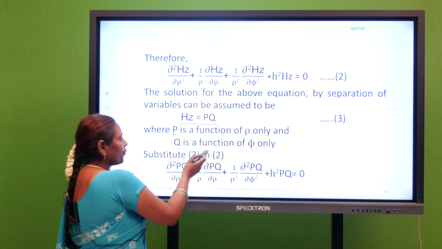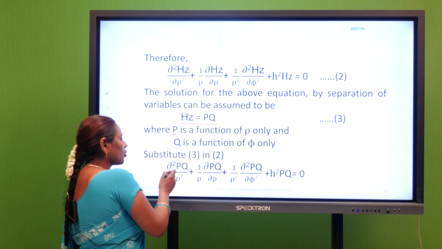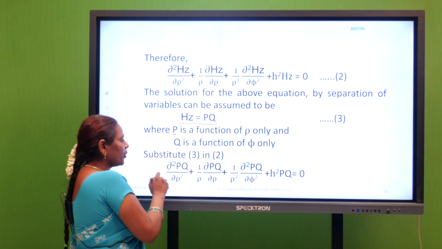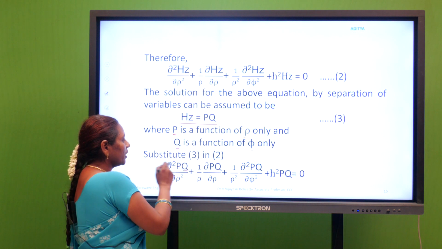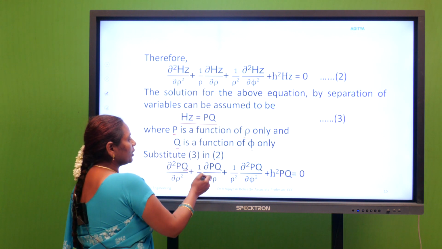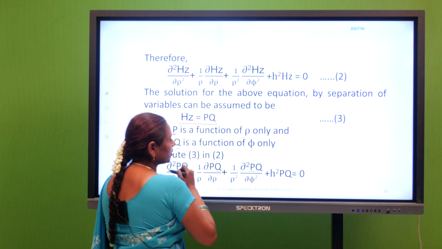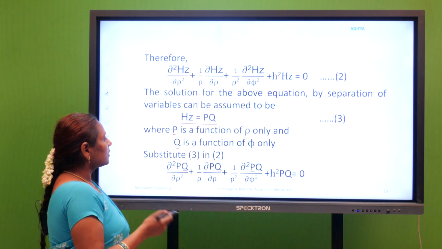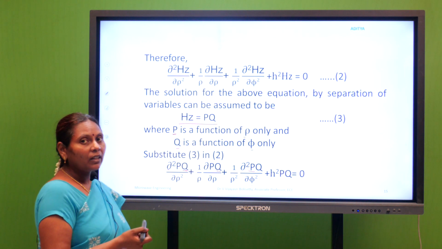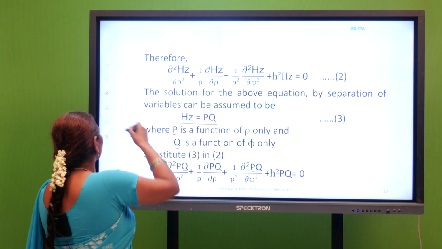As we are applying the partial differentiation, when we differentiate with rho, Q is constant, and when we differentiate with phi, P becomes constant. So, let us take these constants out of this equation and let us rewrite this equation.